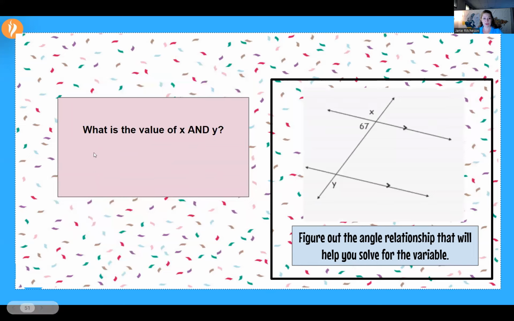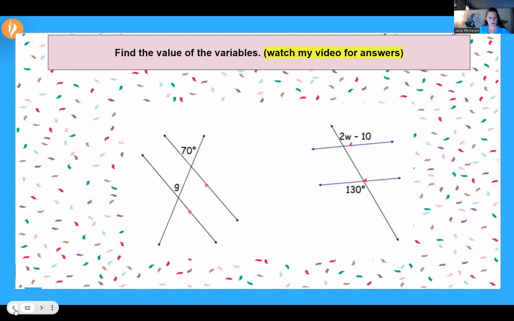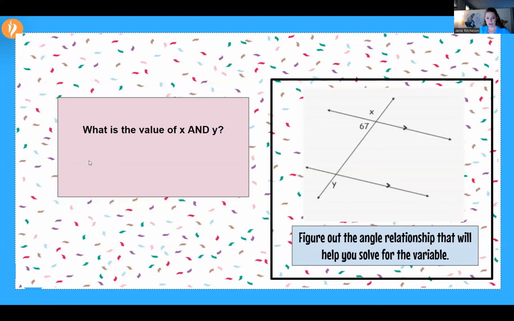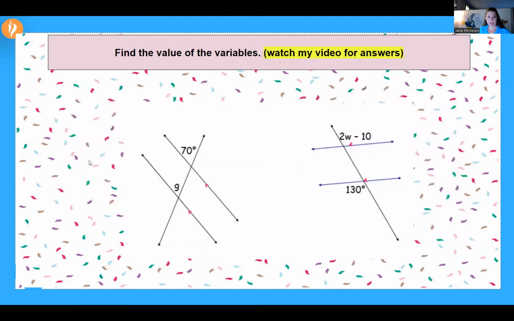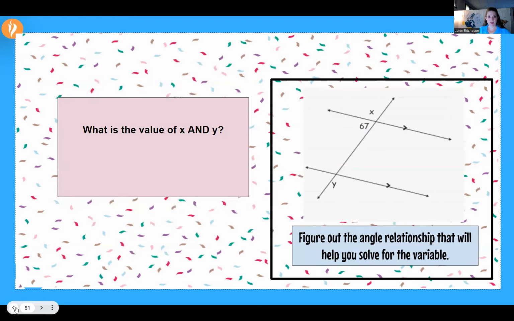All right, what about the values of x and y? I don't think I solved this one. Nope, I did not. All right, so let's try this one. Let me get my pen working here. So what do we know about x and 67? These are adjacent and supplementary.